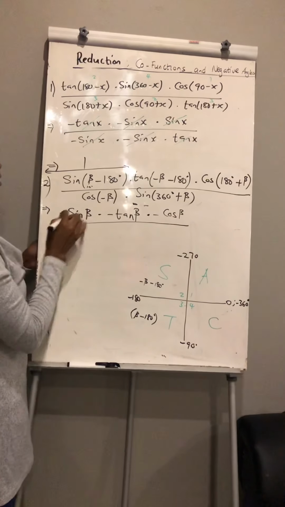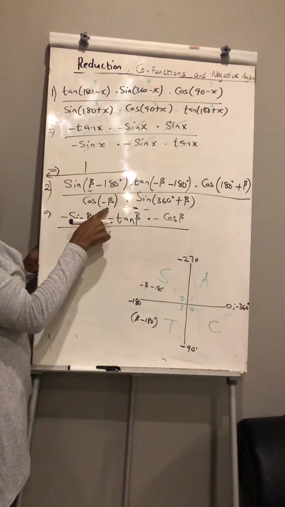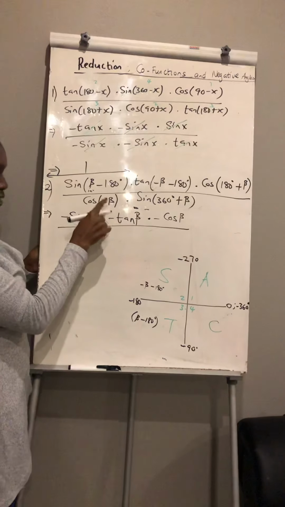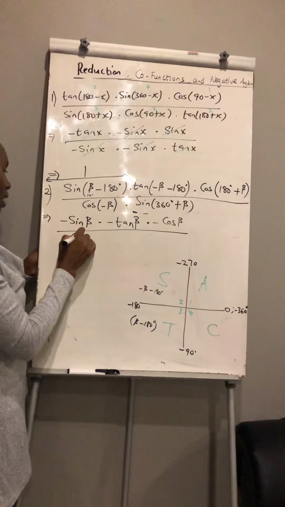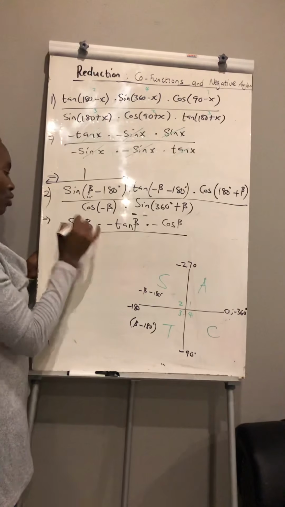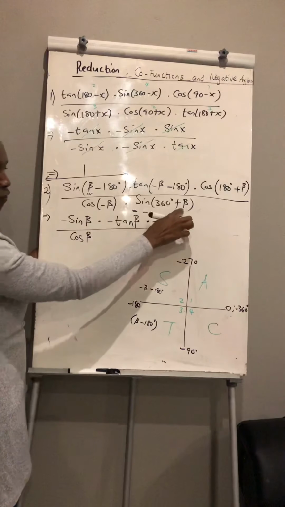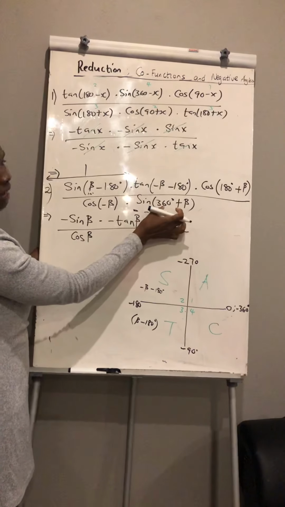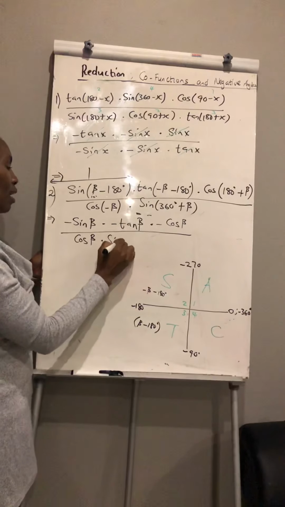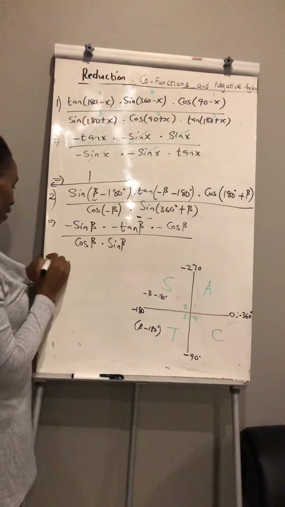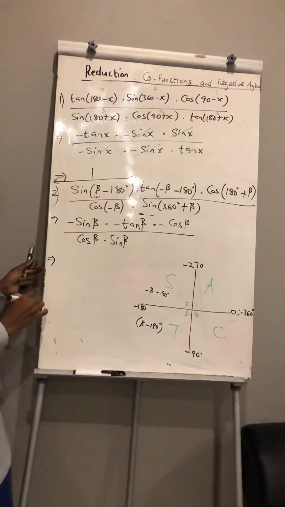No need to stress. And from the negative angle identities, you would remember the negative sign just simply vanishes. And that will be cos beta over there. Let's finish this one. 360 plus, this is our angle in the first quadrant, so it will be sine beta over there. Should be very simple to see.